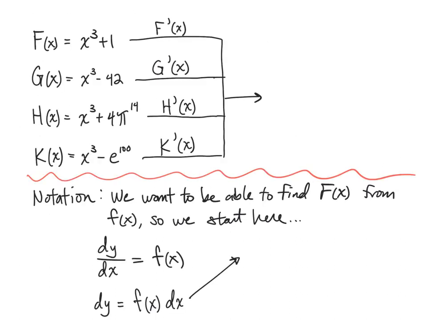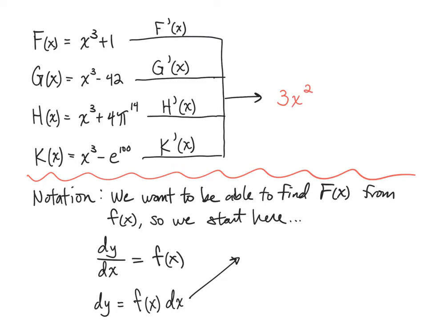Here I have 4 different functions listed out: F, G, H, and K. The problem here is all of these, if you take the derivative, give you a derivative that looks like this: 3x squared.